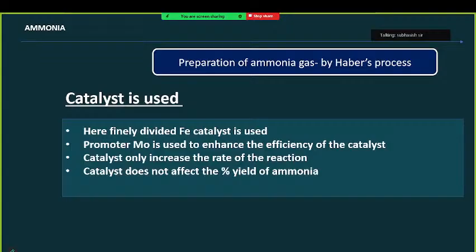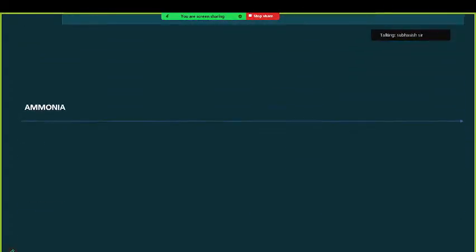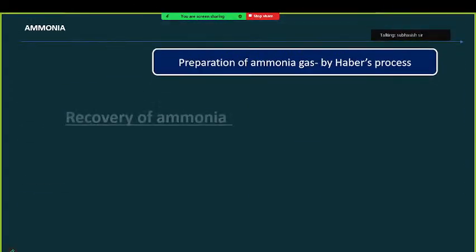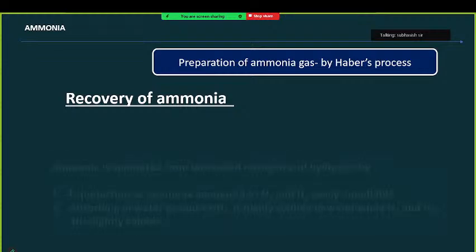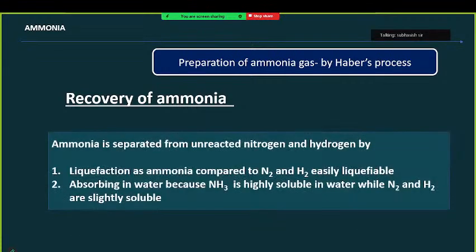Here a catalyst is also used, an iron catalyst, and in order to enhance the efficiency of the catalyst, we also use some promoter, and that promoter enhances the efficiency of the catalyst. Recovery of ammonia: once ammonia forms, it is liquefied, and nitrogen and hydrogen are not easily liquefied, so they are easily removed from the ammonia.